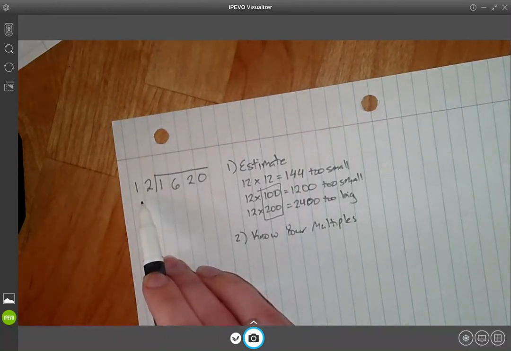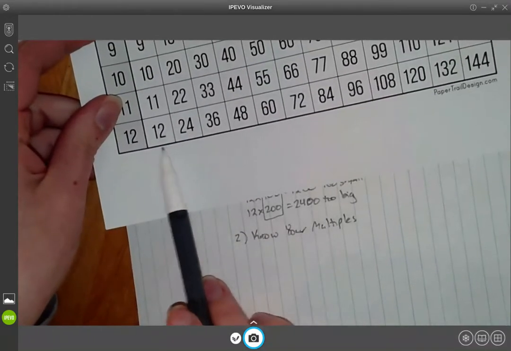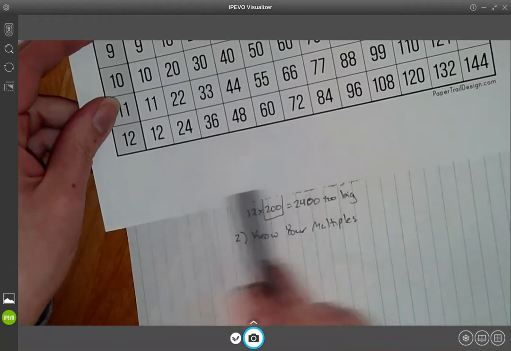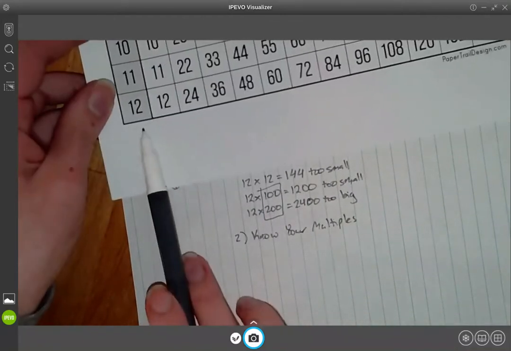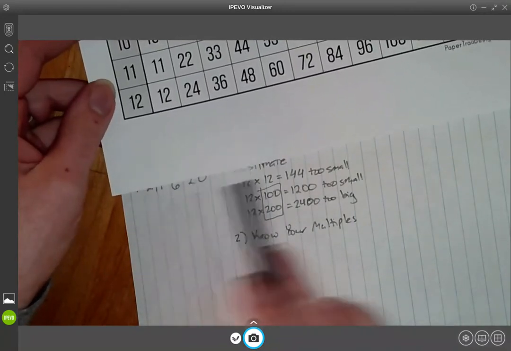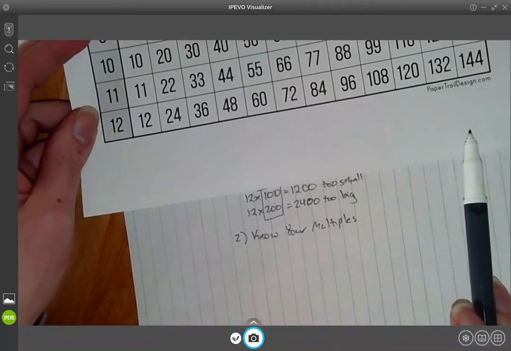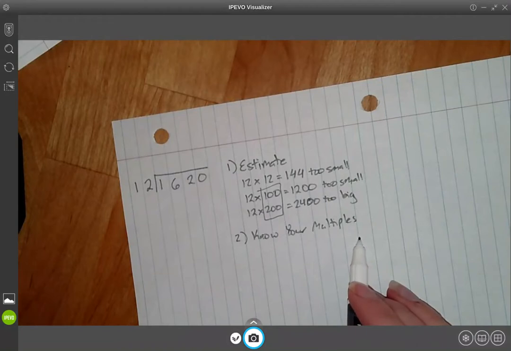Now, if I have my multiplication table handy, I don't need to know them because they're already listed here. But if our divisor was 13 or 14 or 15 or 16 and on and on, those aren't things we can typically find on our multiplication chart. Those aren't things that we have memorized. So it's important to know what your multiples are and how to find them. Multiples just mean counting up by.